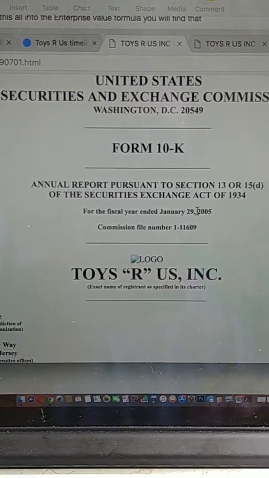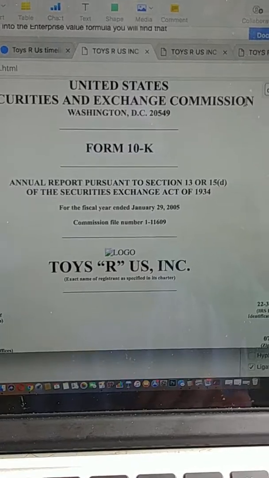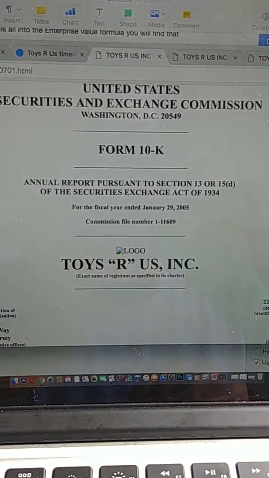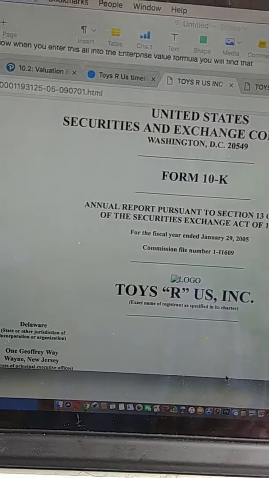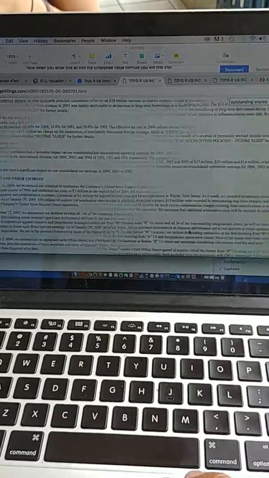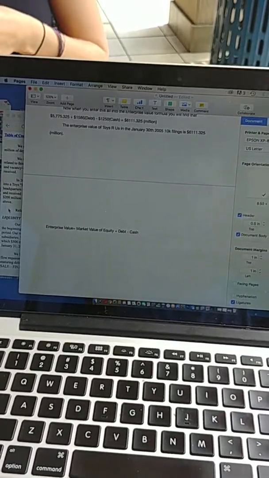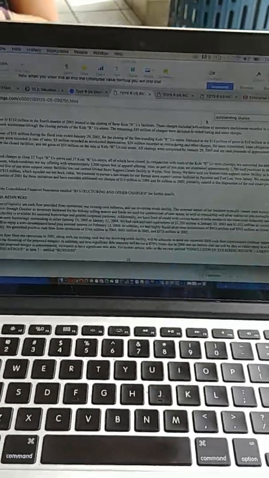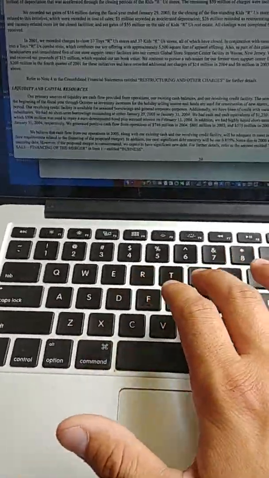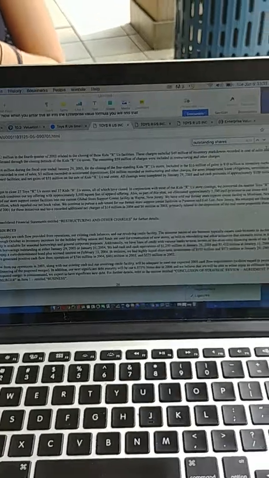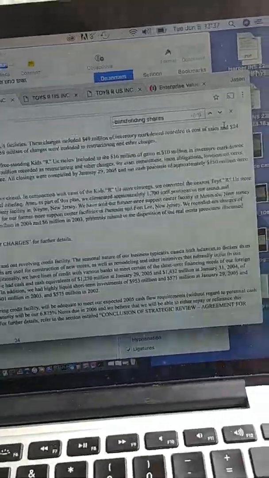This is the beginning of 2005 that they filed the 10K form, and I need to scroll through all these pages. That's one way to do it if you needed to find the market value of equity, and there's a simpler way to do that, and all you have to do is do Command F or Control F if you have a PC, and then a search bar comes up right there.